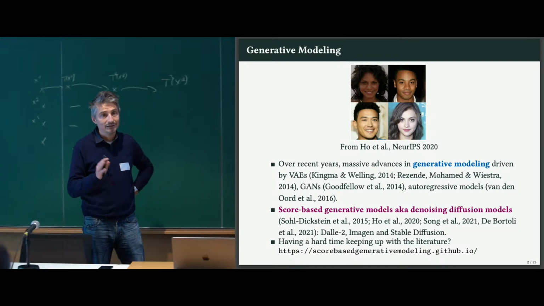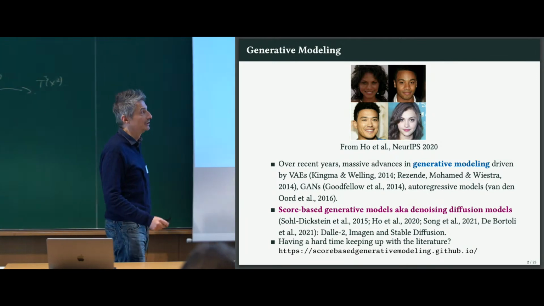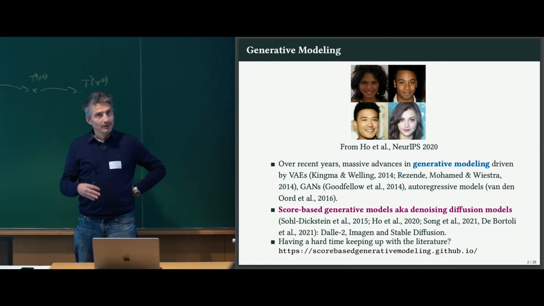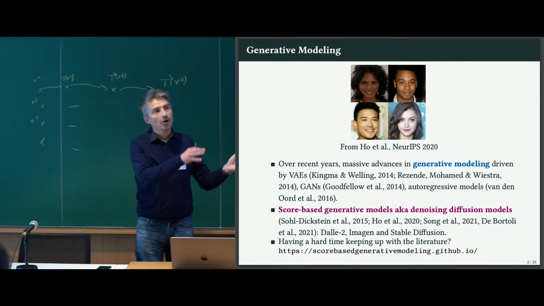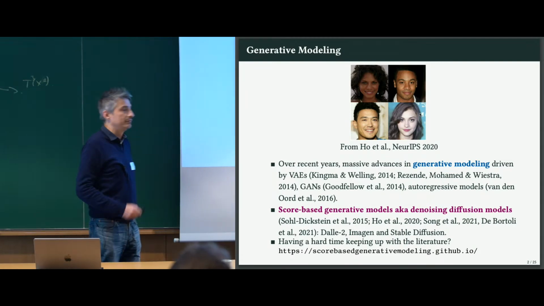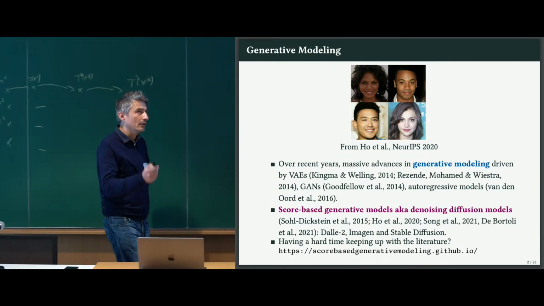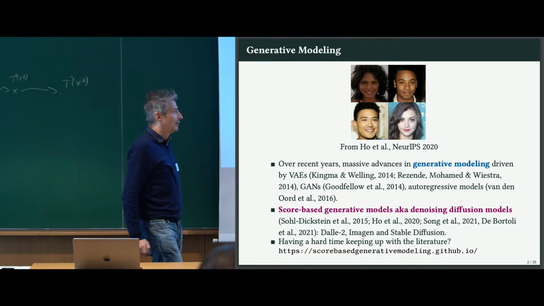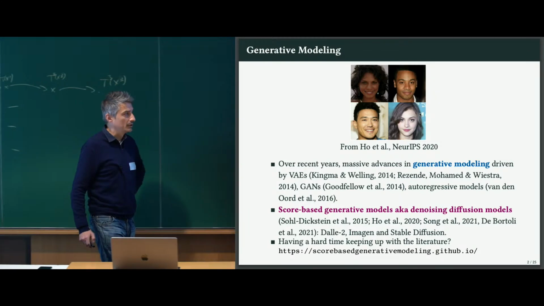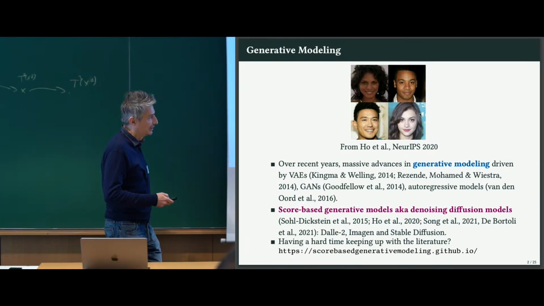I would say that at DeepMind, a good quarter of my colleagues must be working on generative modeling. There was a lot of work before, but in machine learning it was driven by the VAE, the variational autoencoder, in 2014, and there was this landmark contribution by Goodfellow and his colleagues on generative adversarial networks, and it's been growing over the past few years.